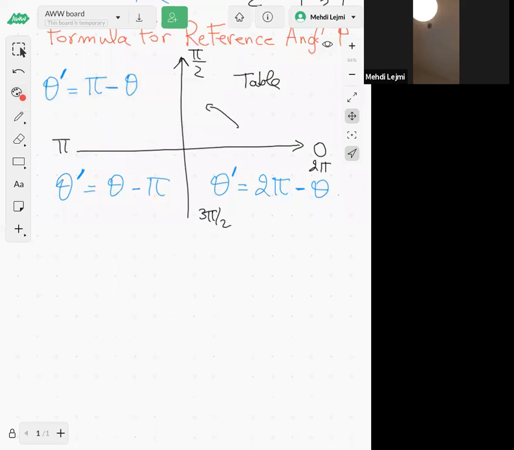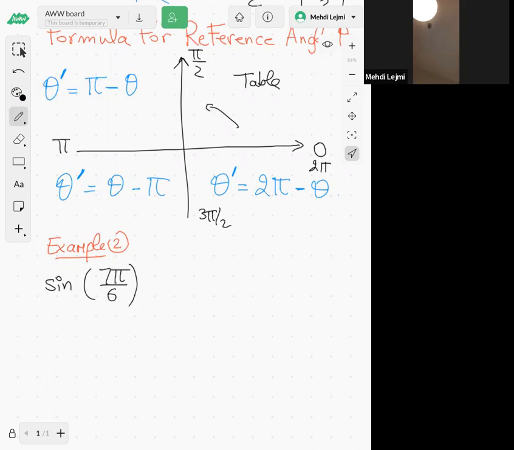Example number 2. Let's say you want to find, in the third quadrant, the sine of 7 pi over 6.